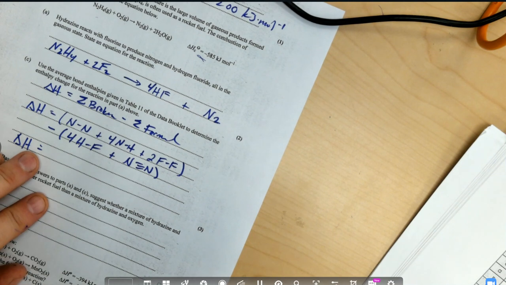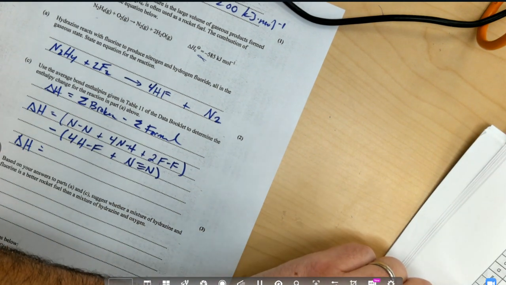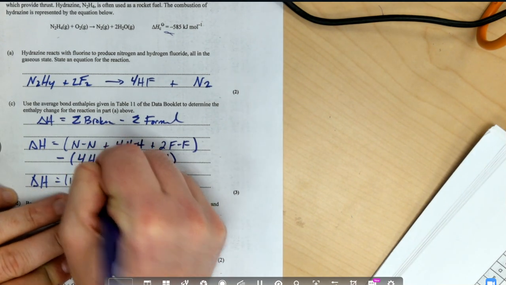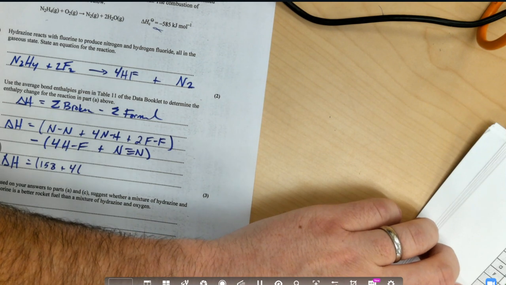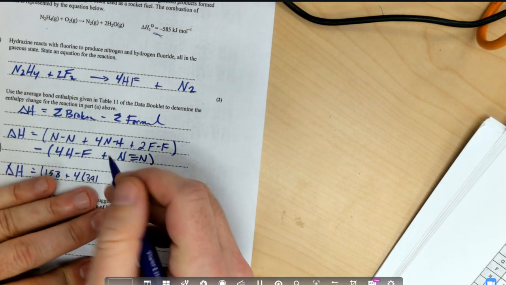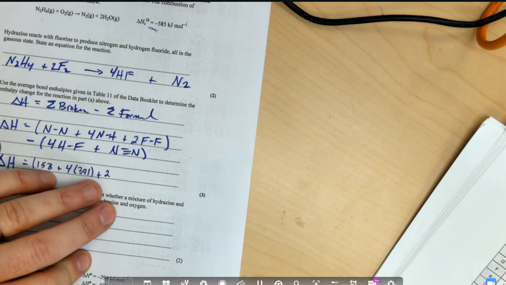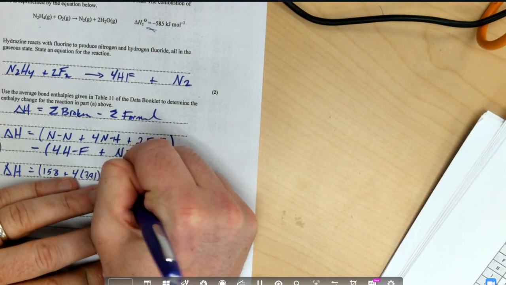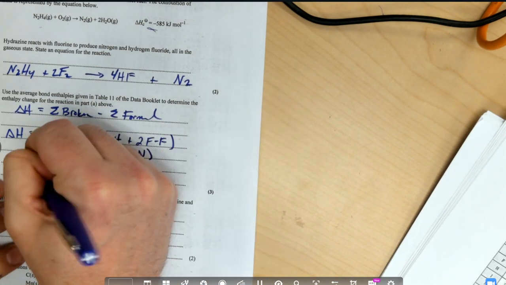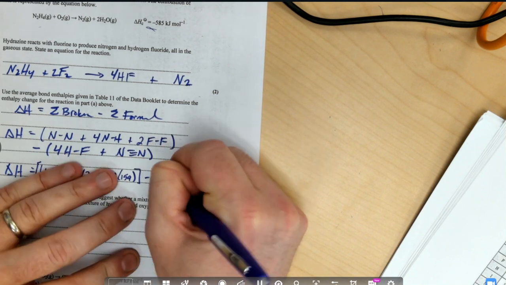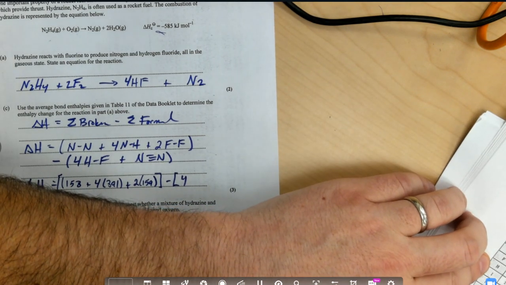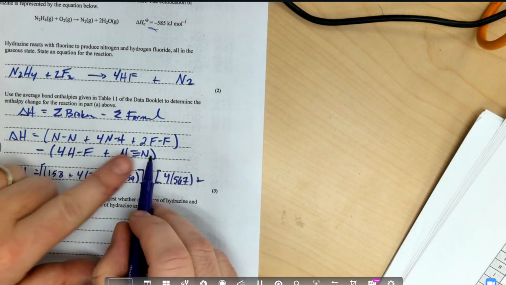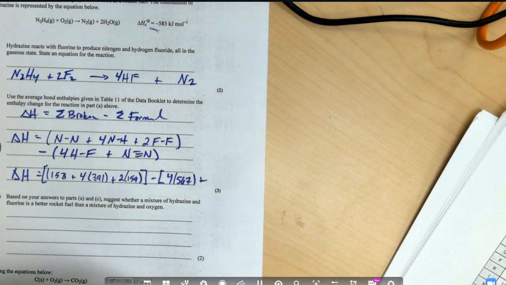All right, so nitrogen-nitrogen is 158, plus 4 times the nitrogen-hydrogen, which is 391, plus 2 times the fluorine-fluorine, which is 159, and that's all of that, minus 4 times HF, which is 567, plus 1 times nitrogen triple, which is 945.